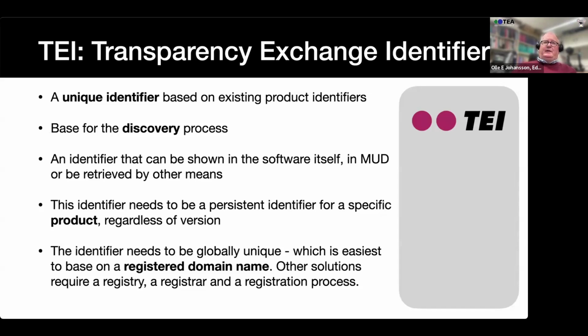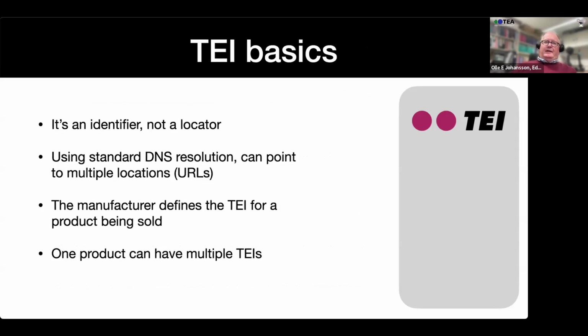This is something you print outside the box or specify inside your application if you have a graphical user interface, but it should be persistent. So this is an identifier, not a locator. You use the identifier to locate one or multiple services. We use standard DNS resolution, as everyone does for HTTP. And the manufacturer is the one who defines the identifier, not a third party.